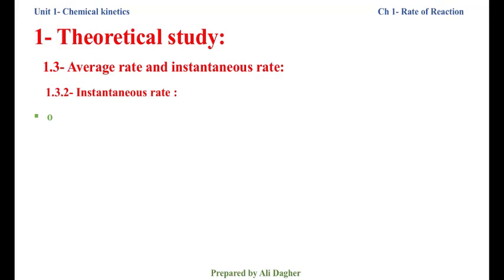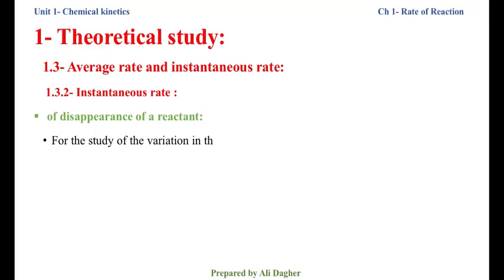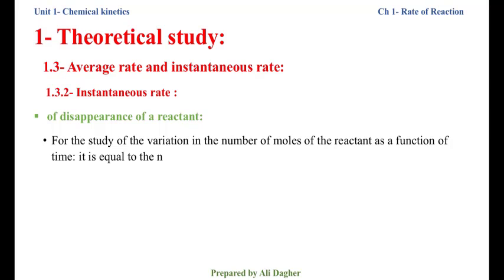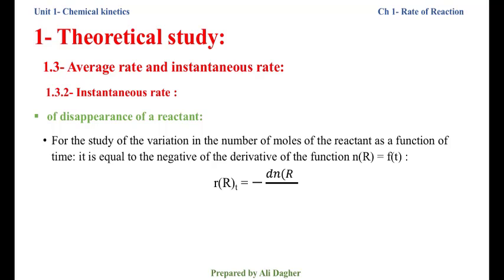Now, of disappearance of a reactant, the same. For the study of the variation in the number of moles of the reactant as function of time, it is equal to the negative of the derivative of the function n reactant equal f(t): minus dn reactant over dt.